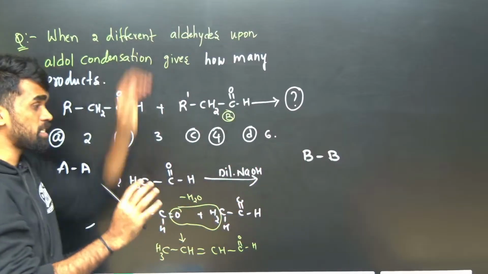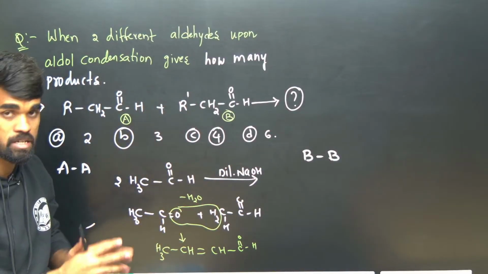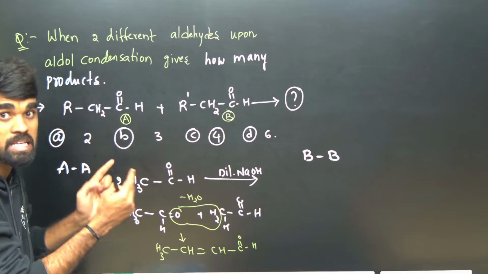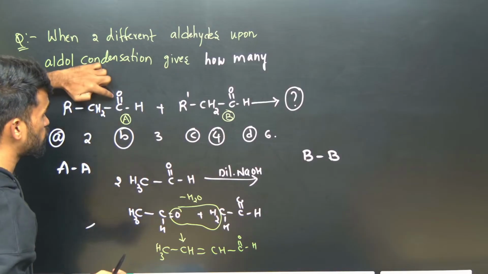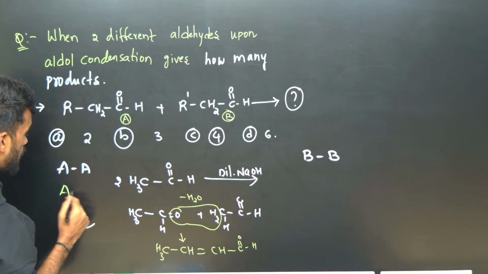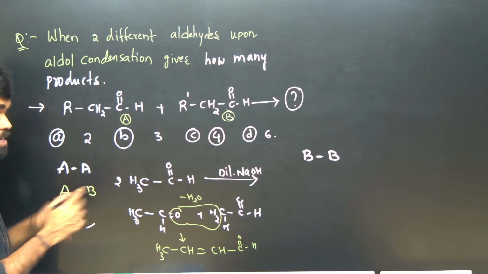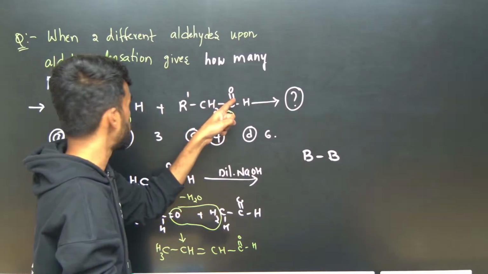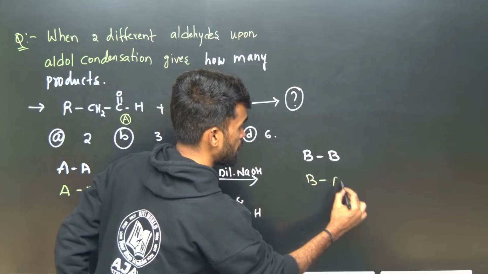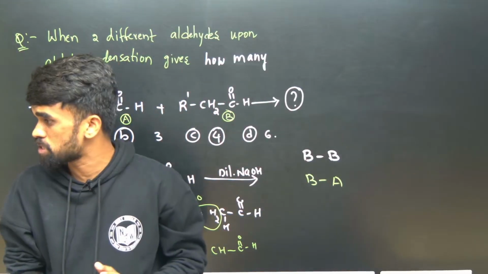These are the simple aldol condensation products. Now I am doing the cross reaction: oxygen from this and alpha hydrogen from this, so I get an AB type product. In the second case, oxygen from this and alpha hydrogen from this, so I get a BA type product.